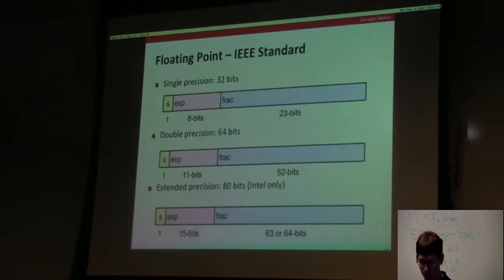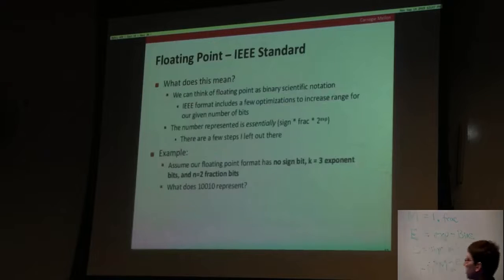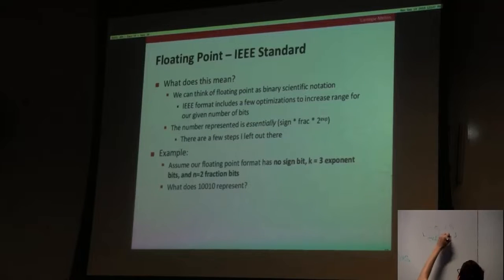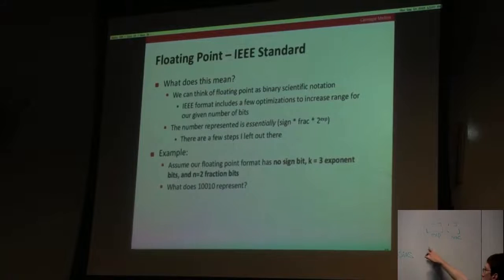The first 3 bits are the exponent, and the next 2 are the fraction, and we don't have a sign bit here. So this is the exponent, and this is the frac. What are these values going to be? What's m going to be? This one's easy for this example.